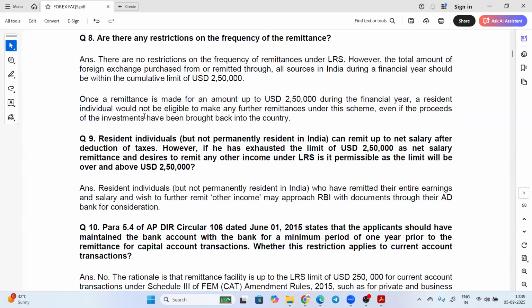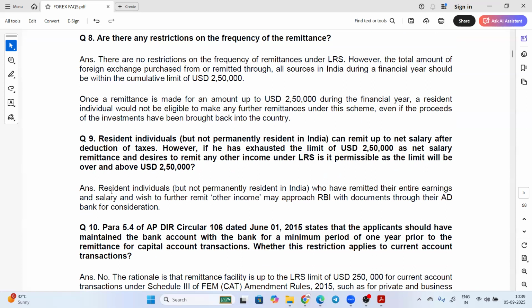A resident individual, but not a permanent resident in India, can remit up to net salary after reduction of taxes. However, if he has exhausted the 2.5 lakh limit as net salary remittance and desires to remit any other income under LRS, is it permissible, as the limit will be over and above 2 lakh 50,000?